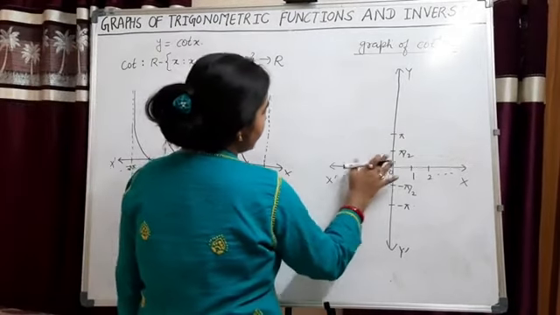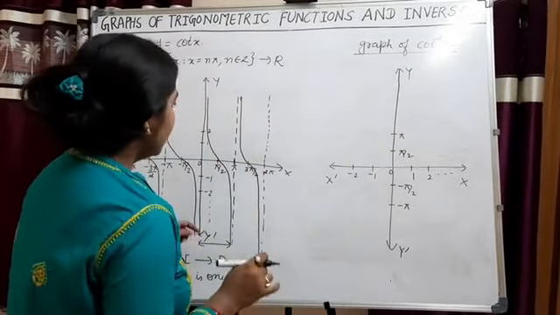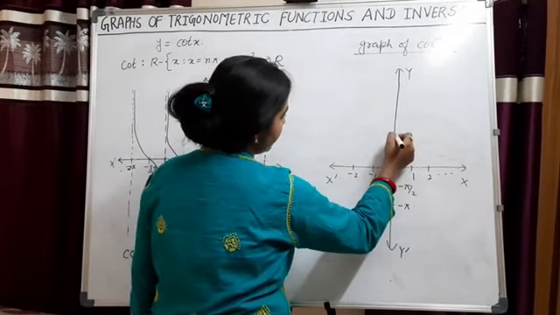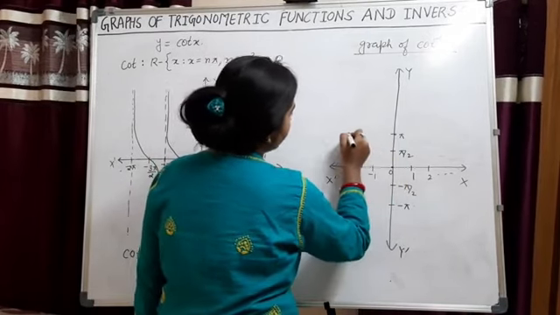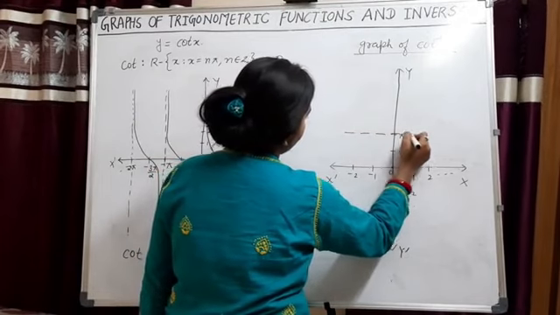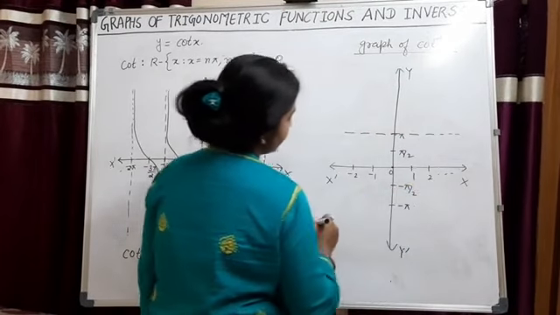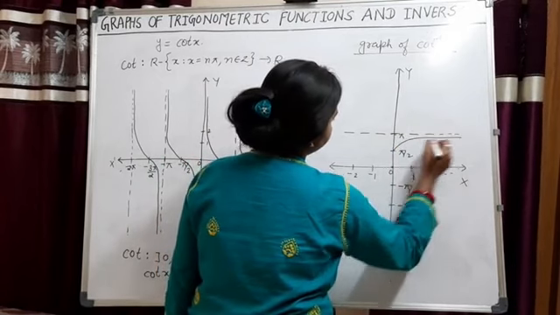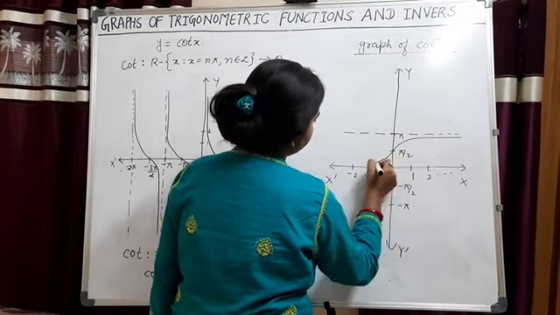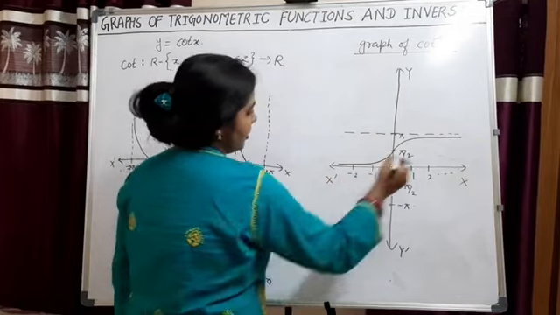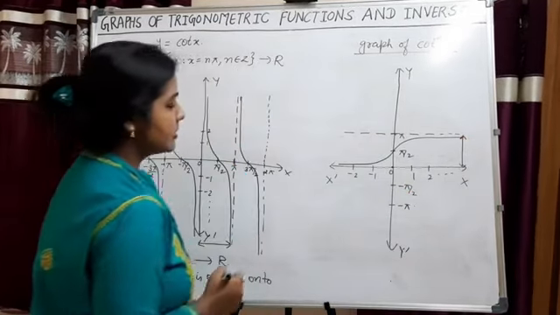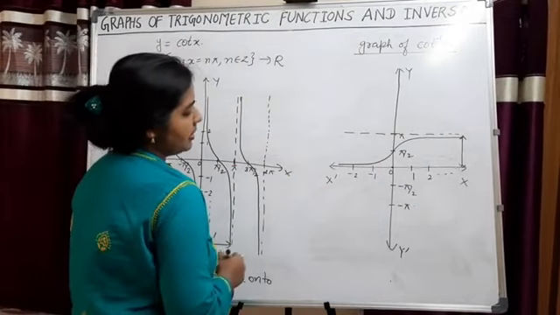We know that cot 0 is infinity and cot pi is also infinity. So here we have to draw a line which is parallel to the x-axis. We will draw it like that. Only this interval we have to consider for cot inverse x. So this is the graph of cot inverse x.